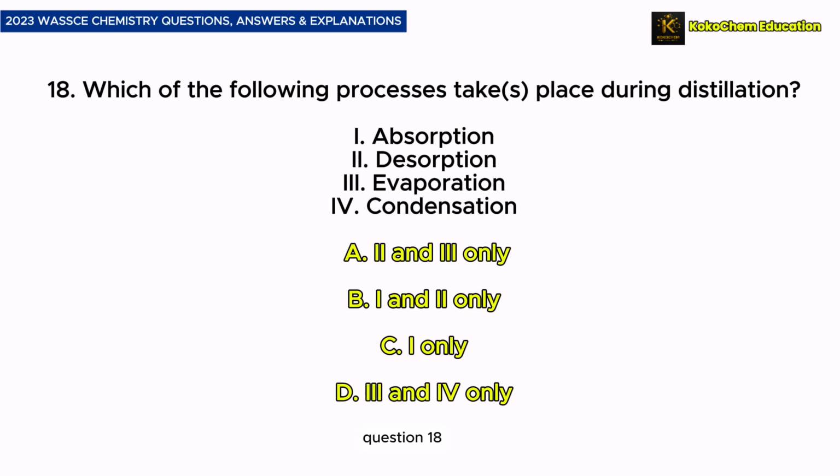Question 18. Which of the following processes takes place during distillation? I, absorption; II, desorption; III, evaporation; IV, condensation. So A, II and III only.